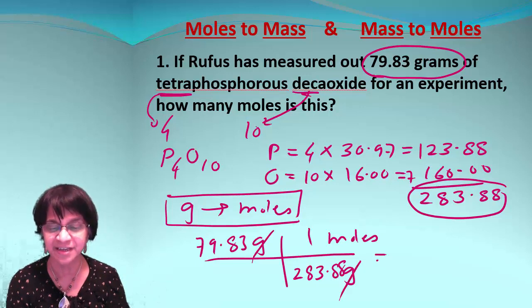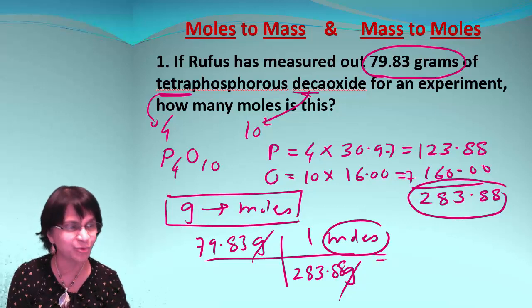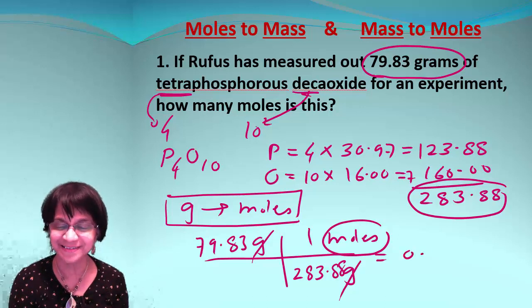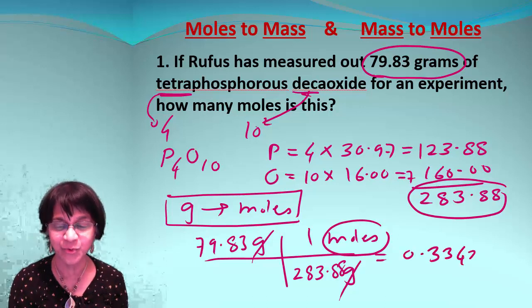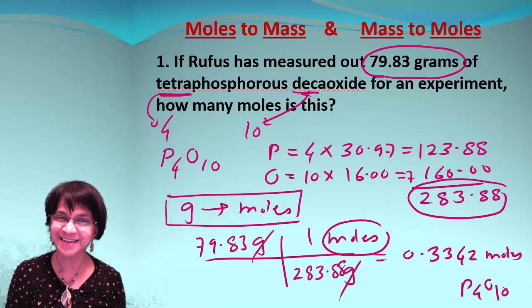So the units grams get cancelled, and what we end up having is the moles. When we divide both those numbers, we get the answer, which is 0.3342 moles of P4O10.